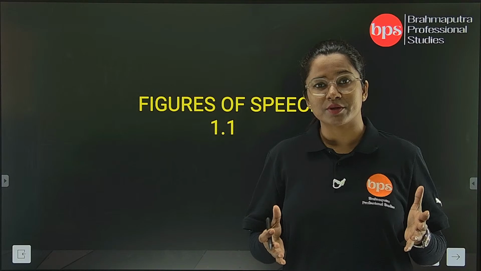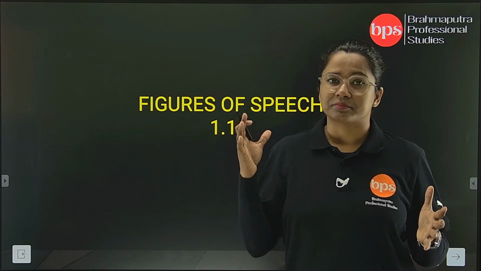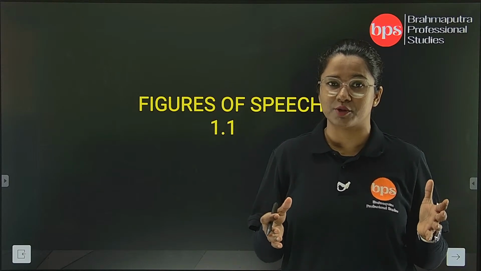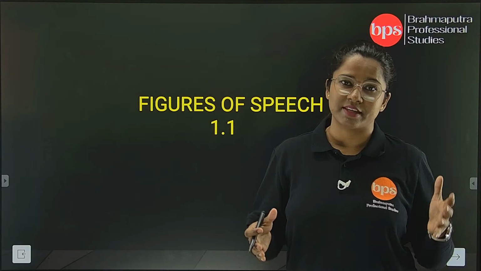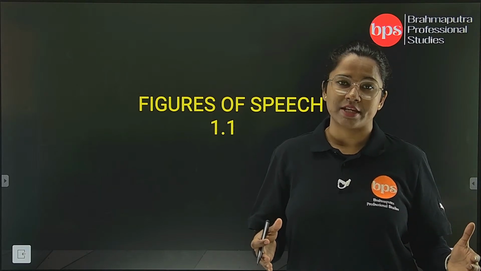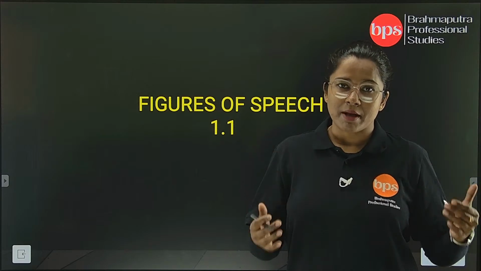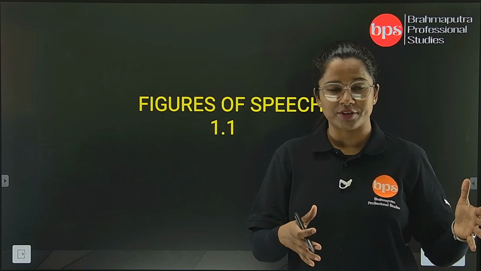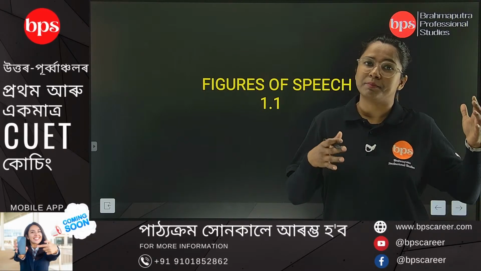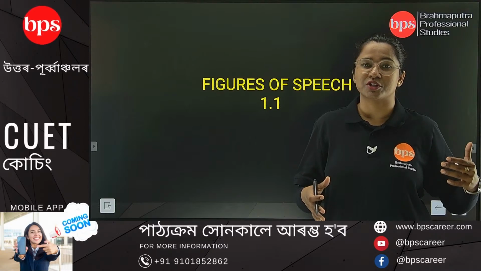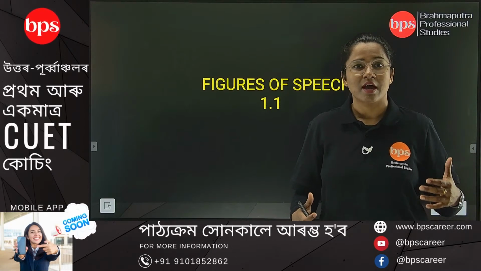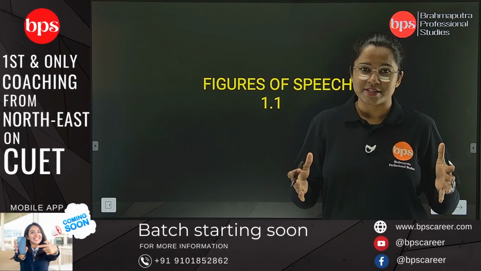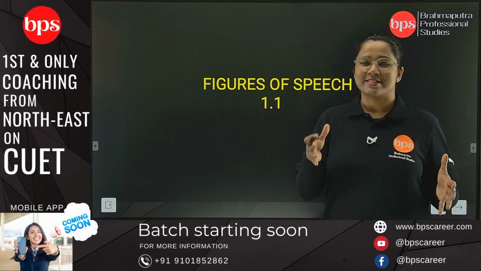One more thing I want to add: if you have not yet applied for the CUET undergraduate exam, the deadline is coming, and that is the 30th March. Before that, apply for the exam if you have not applied till now, and be prepared. Start your preparation if you have not started, and if you are already preparing, get into the race for the exam. Okay, let's start the session.